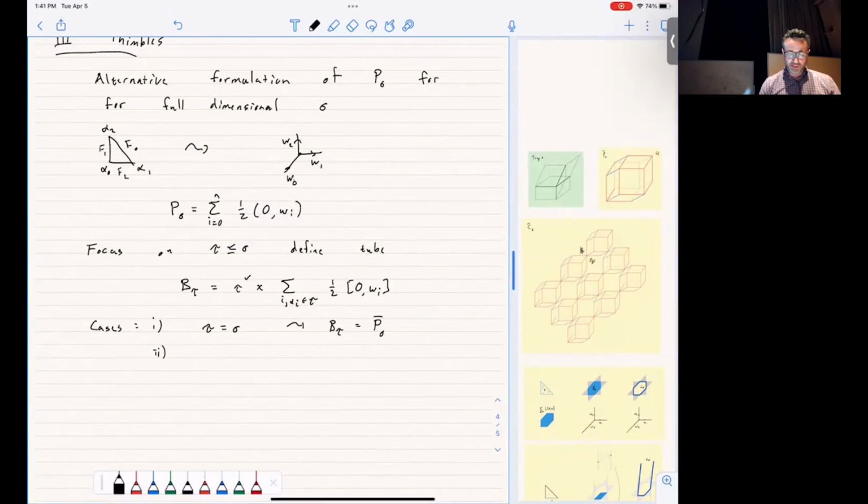And then otherwise, this is a cubical tube. It's a tube, maybe cone cross cube. I mean, I say cube combinatorially, it could be a square, cube, whatever.